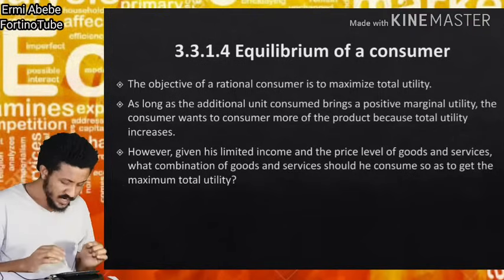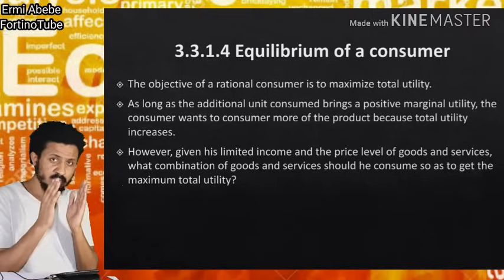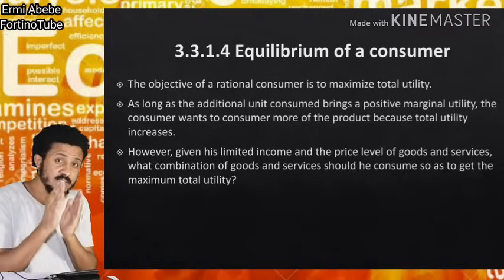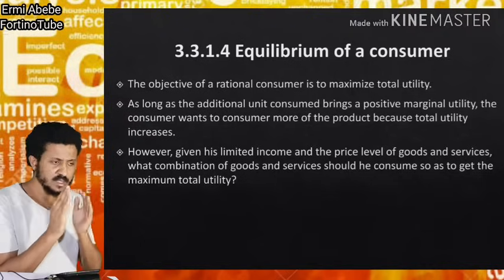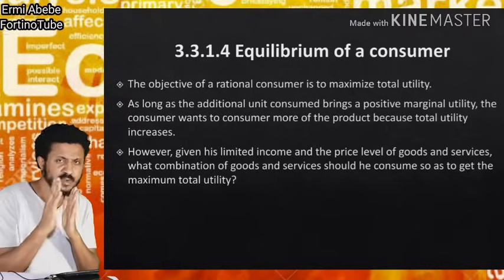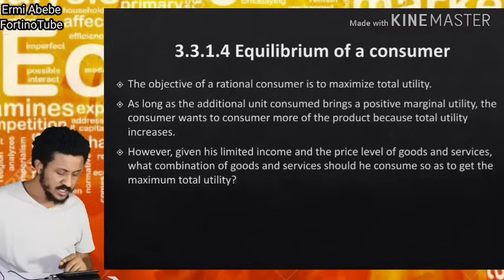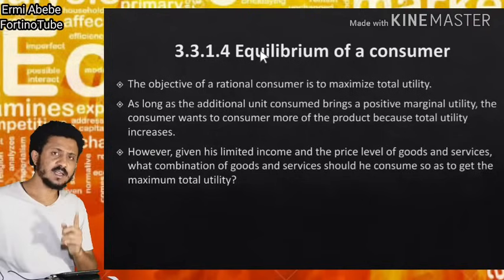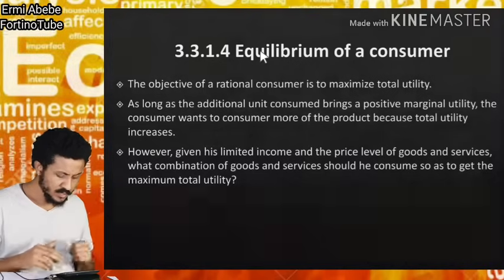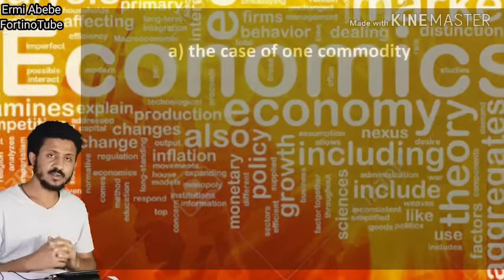So we have to find the exact point at which the consumer must stop consuming, beyond which she should not consume. And that point is called the equilibrium quantity.